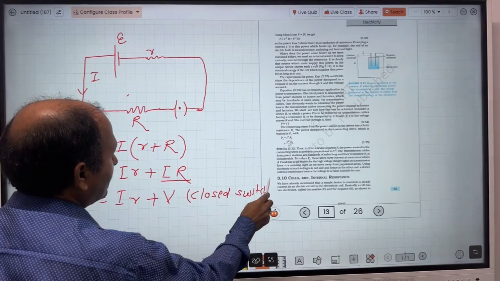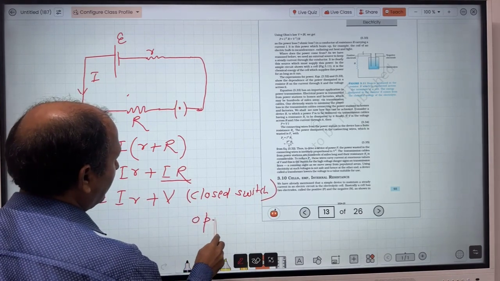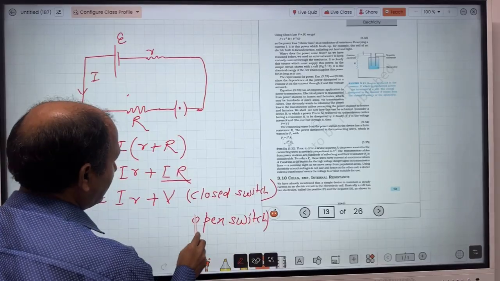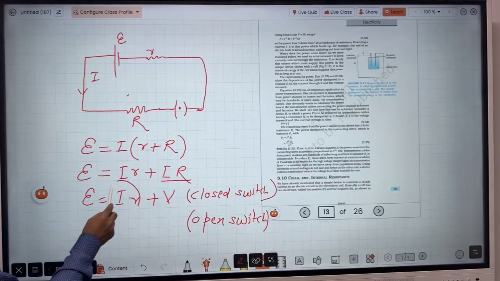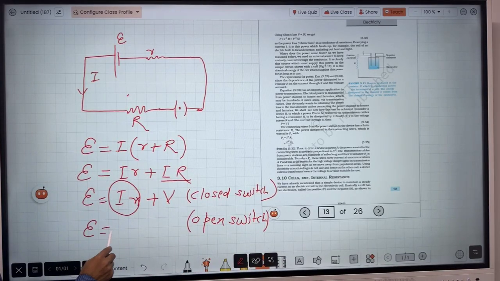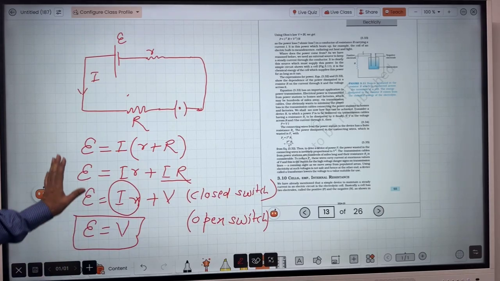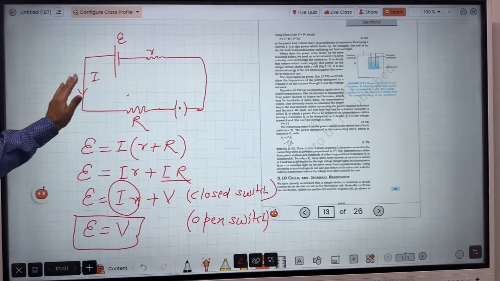Now suppose we consider open switch. What will happen in case of open switch? Current will not flow, so it will become E equal to V. In that case, EMF of a cell will be equal to terminal voltage. So this is the case when current is drawn from the cell.